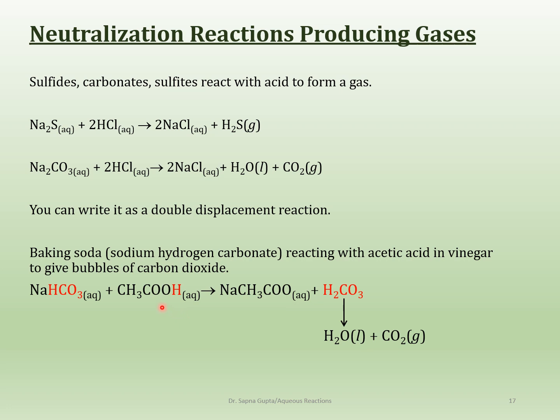That baking soda and vinegar gives us these products, and this acid that's formed, which I've highlighted for you, the HCO3, which is the hydrogen carbonate ion, and the proton from the acid gives us what's called carbonic acid. But carbonic acid is actually a very weak acid, and it will dissociate to give water and carbon dioxide. So that's the gas that's coming out, and then water is formed as well.